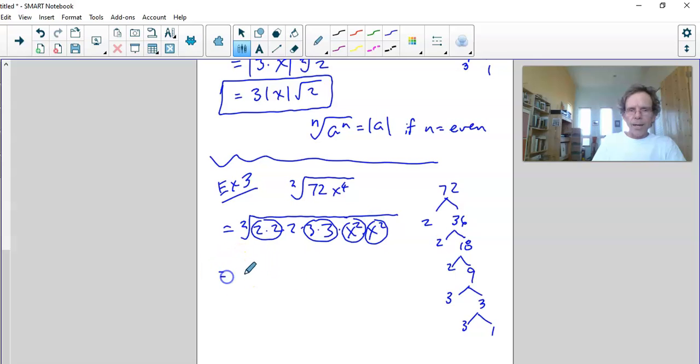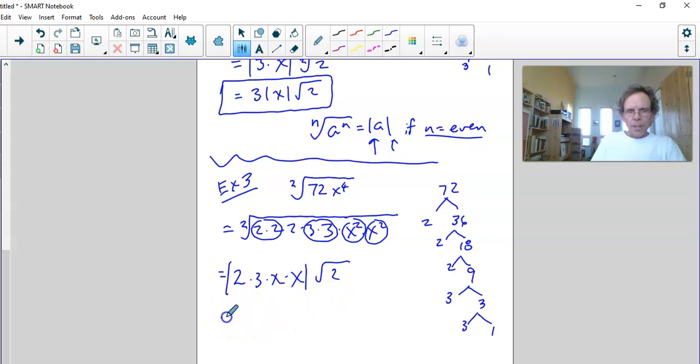So on the outside, we're going to get a 2 and a 3 and an x and another x, leaving the square root of 2. Now, technically, we need this absolute value. We haven't been told that the x is positive and it's an even root again, right? Even root, we need these absolute values.